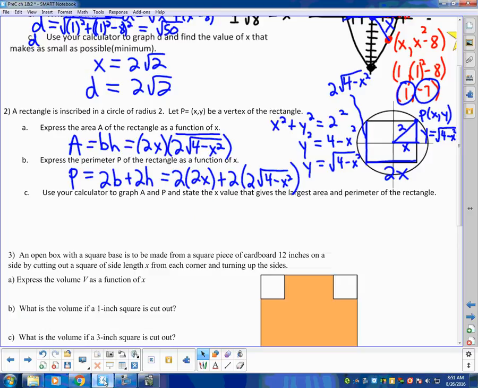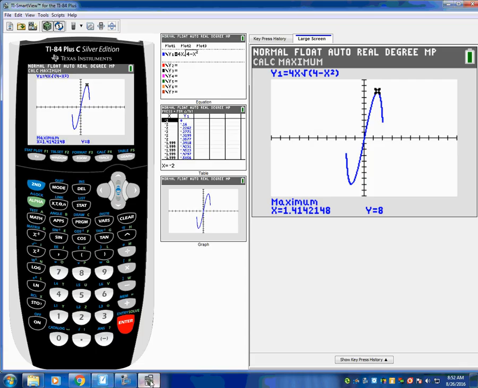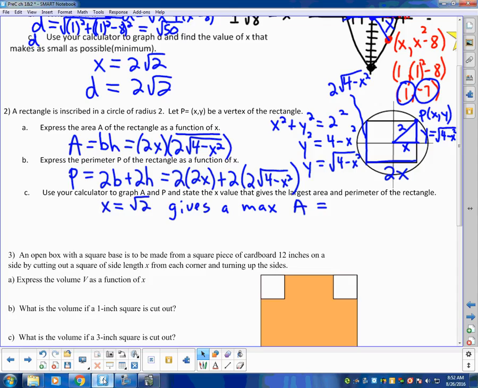So my max x equals root 2 gives a max area A equal to what? Do you remember what it was here? Remember, this formula is not really y equals, it's really A equals.